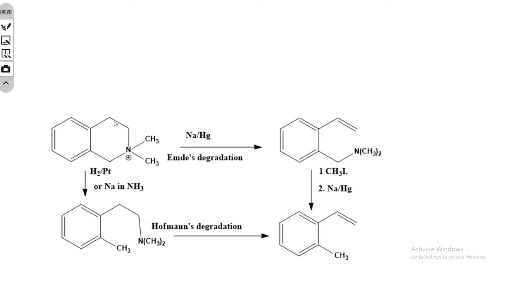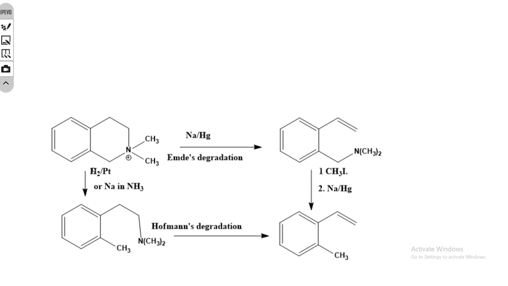This is another example of Emde degradation, in the case of isoquinoline. This is the quaternary ammonium salt of isoquinoline. So it can be done by different routes. First of all, it is reduced using Emde degradation, and then adding CH3I and sodium amalgam, we'll get an alkene like this.